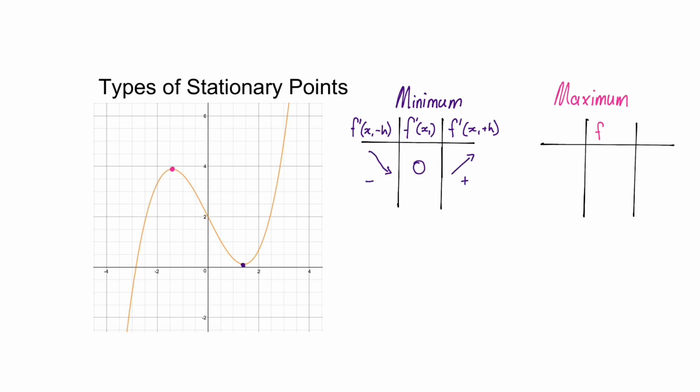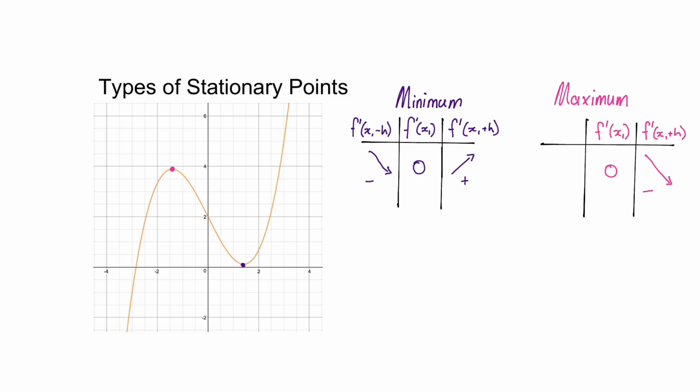So our f'(x) is 0. Now we need to have a look at, again, a point on the positive side of this, so f'(x1 plus a small value), and this part needs to go down, so it needs a negative derivative.